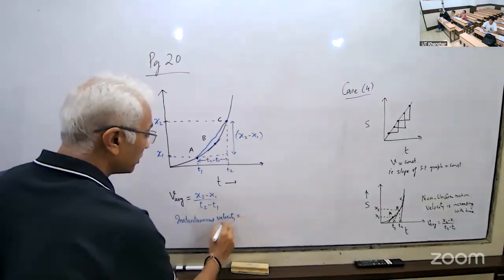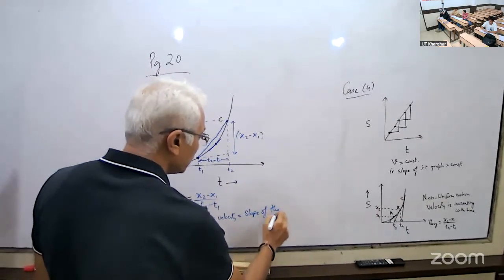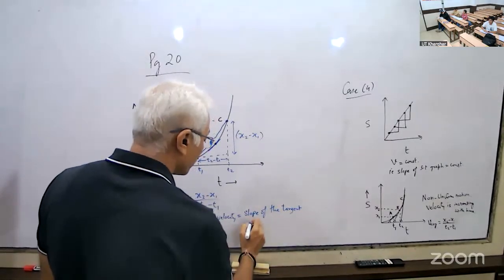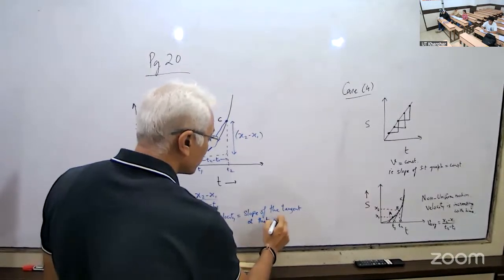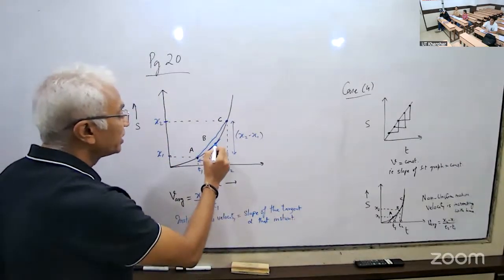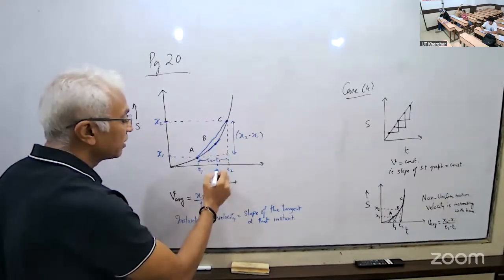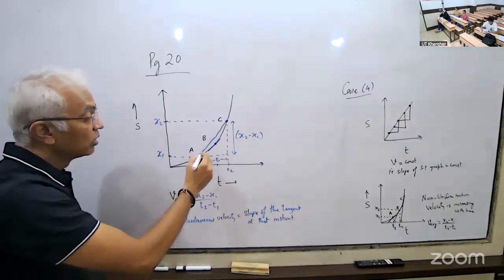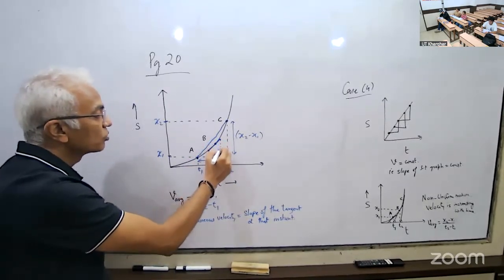Instantaneous velocity कैसे calculate करते हैं? Slope of the tangent at that time. मतलब B किधर है? B का टाइम क्या है? ये है ना? This is time for B. वहां पे एक टेंजेंट बना दो और उस टेंजेंट में कोई भी 2 पॉइंट चूज करो और उसका स्लोप निकालो.